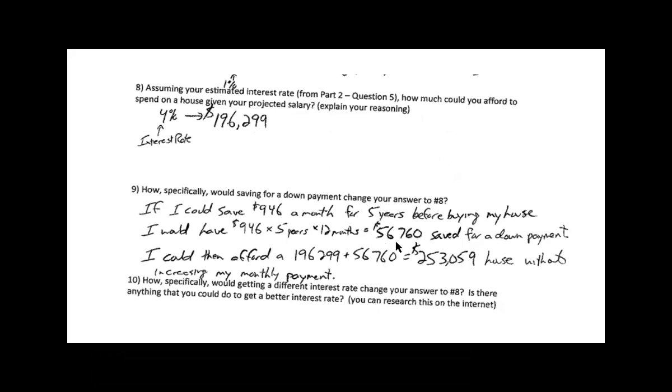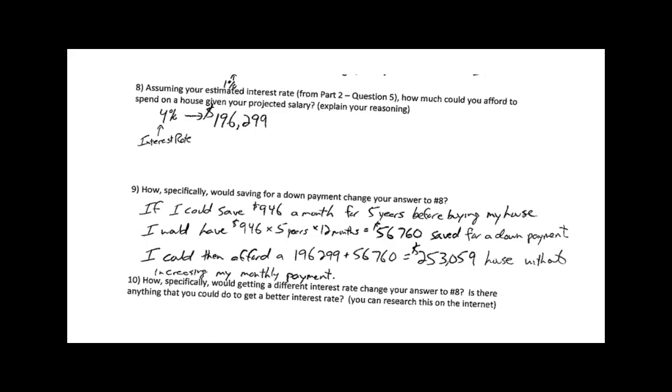So I could, if I still wanted to carry a $196,000 mortgage, which is what I can realistically afford, doesn't mean I can only buy a $196,000 house, because if I save for a down payment, I could actually buy a $250,000 house. So those of you guys, as you are looking at houses, yeah, maybe there wasn't much for under $200,000, but you guys did find a significant amount of houses for $250,000.